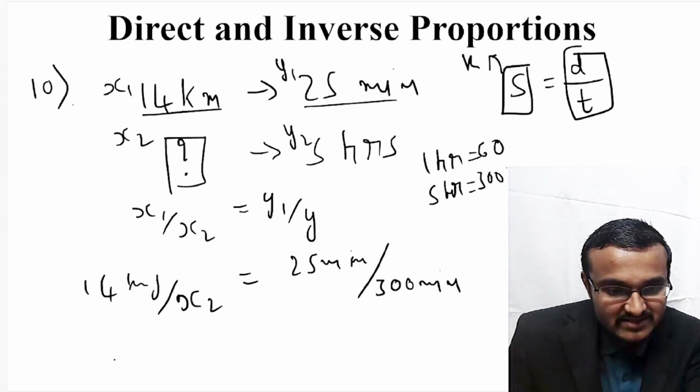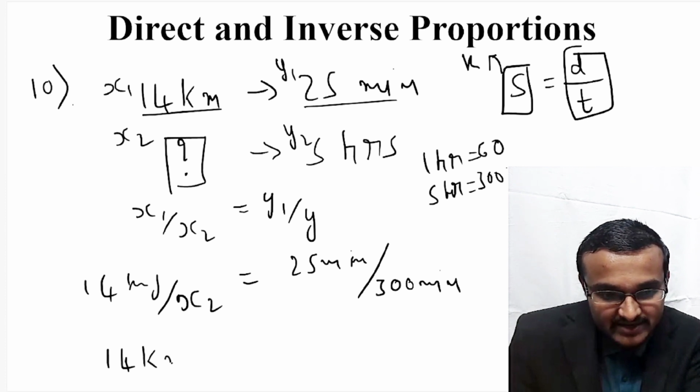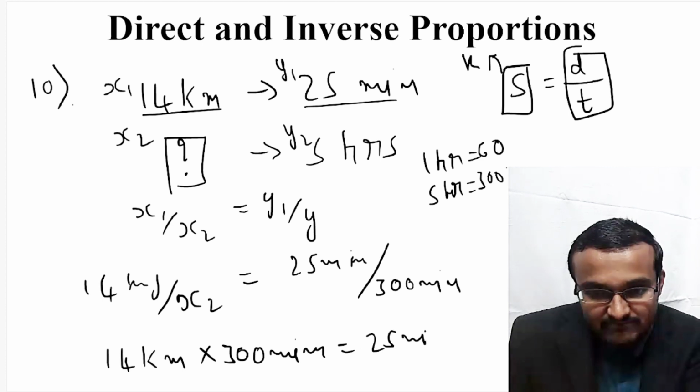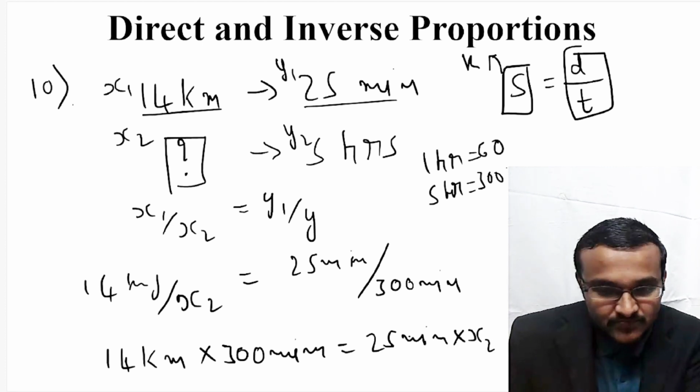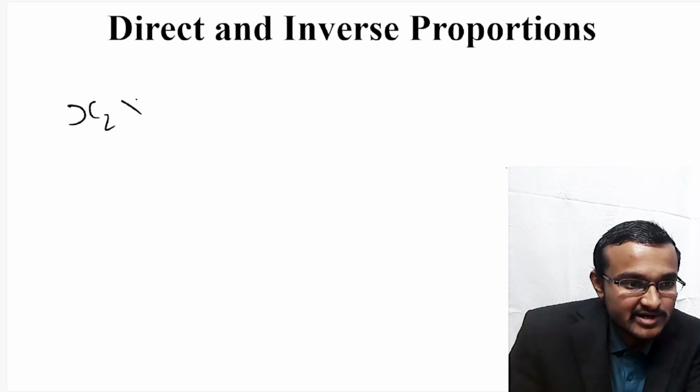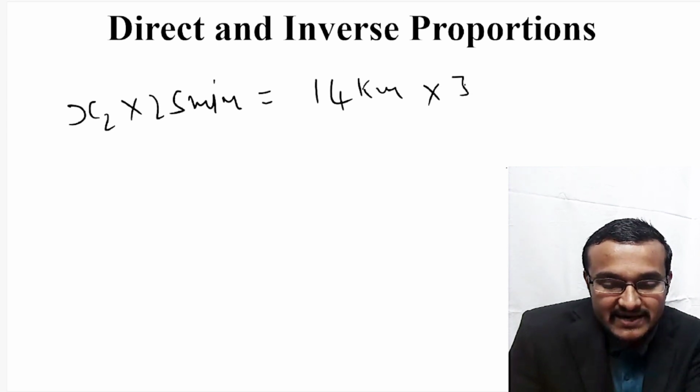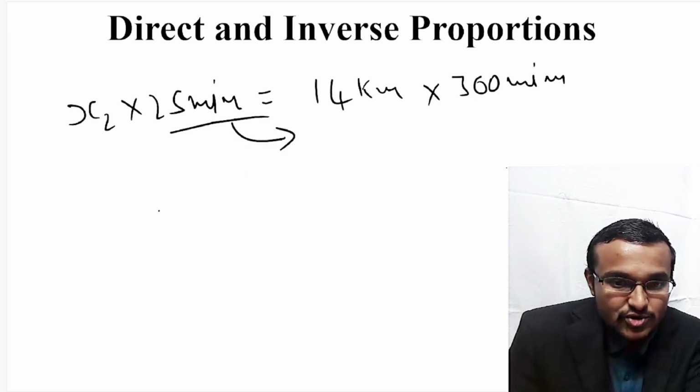Now you can cross multiply this. It will become 14 kilometer into 300 minutes is equal to 25 minutes into x2. So x2 into 25 minutes is equal to 14 kilometer into 300 minutes. Now you can bring this 25 minute to RHS.